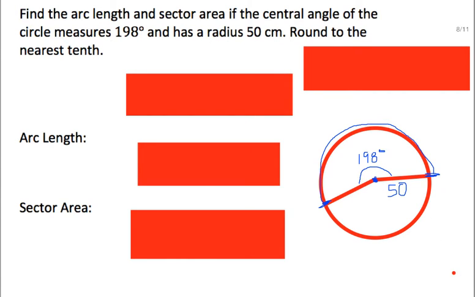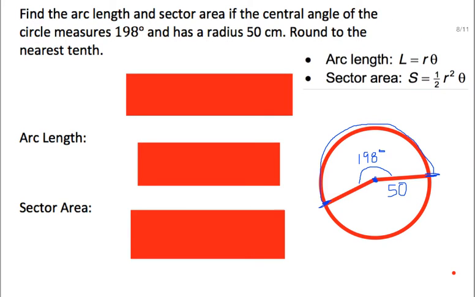All right, so that's kind of what we're looking at. So the first thing we need to find is our arc length, and then we need to find the sector area. But hopefully you guys remember the formulas for arc length and sector area. These are the formulas. If you guys are filling out an index card, you might want to write them down.